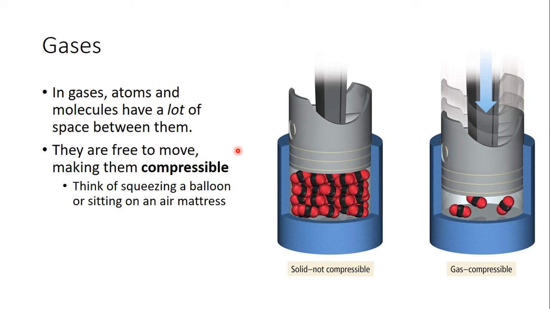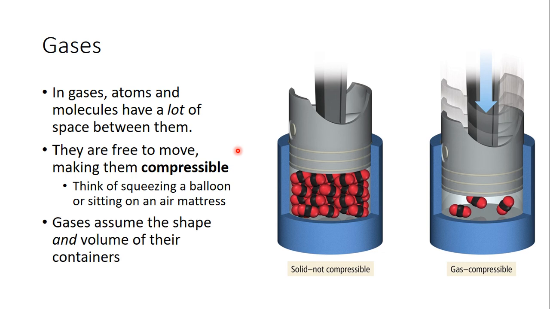So gas inside of a balloon, you can squeeze a balloon. If that balloon was full of iron, you could not squeeze that balloon. And gas will assume the shape and volume of its container. So solid does not assume the shape or volume. Liquids assume the shape but not the volume. Gases assume the shape and the volume.